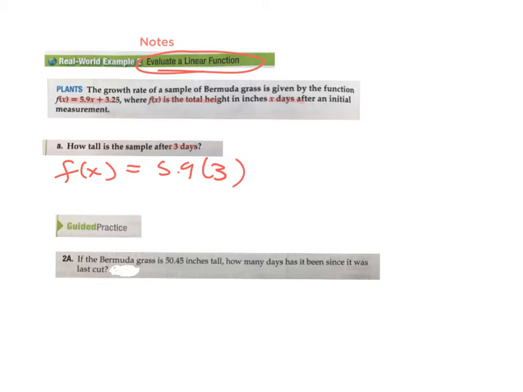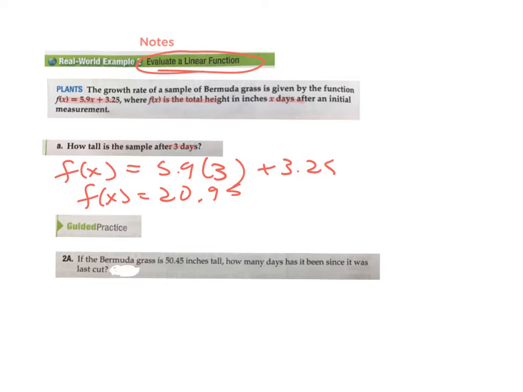Let me erase this so it's a little bit better. Equals plus 3.25. And if you just take your calculator and do that math, 5.9 times 3, and then add 3.25, you get 20.95. So we want to know how tall the grass was. Well, f of x equals 20.95.